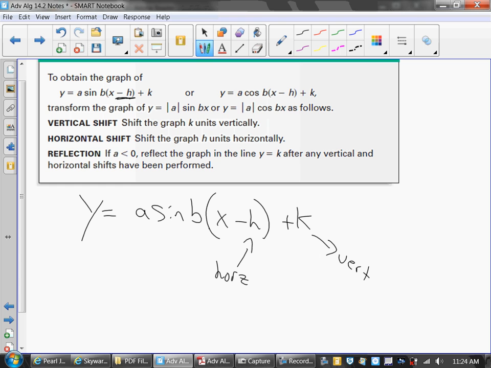And I'll put this over here for the cosine as well. So those are our two forms. The easiest way to do these is just to jump right in and do a bunch of examples. There's really no one surefire way of doing it every single time, except for always starting with your parent function.